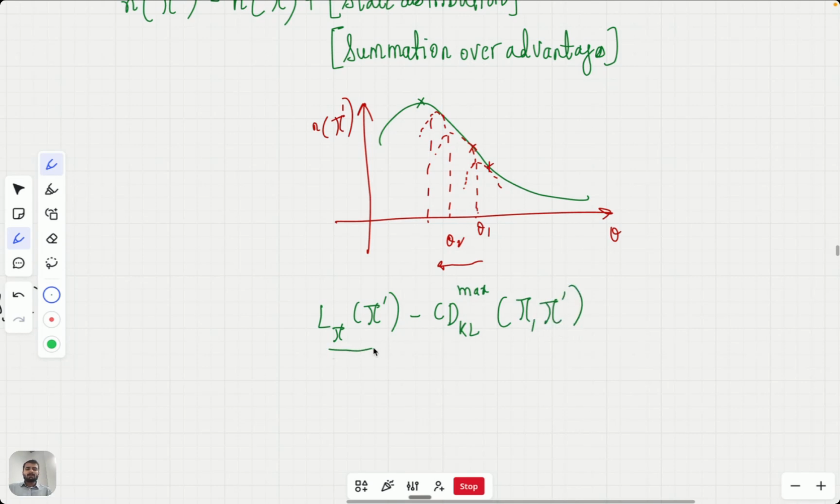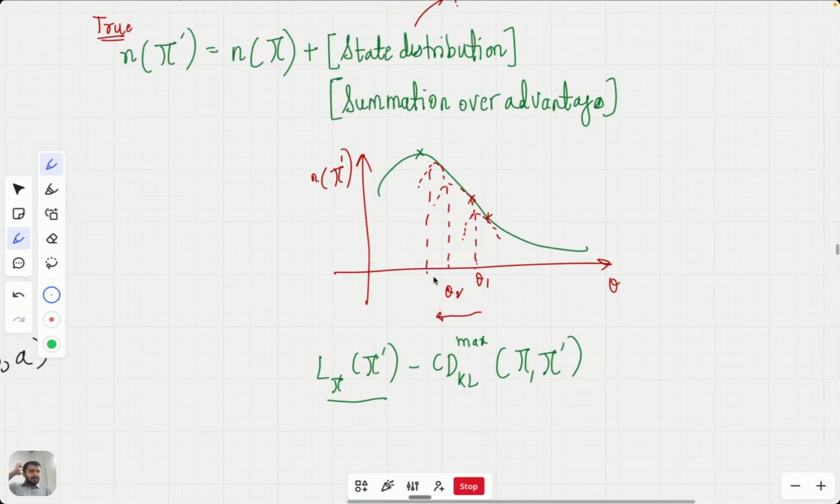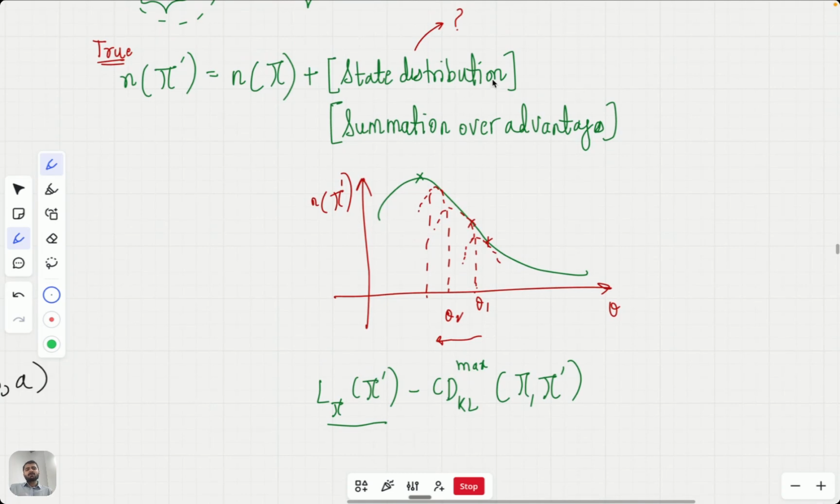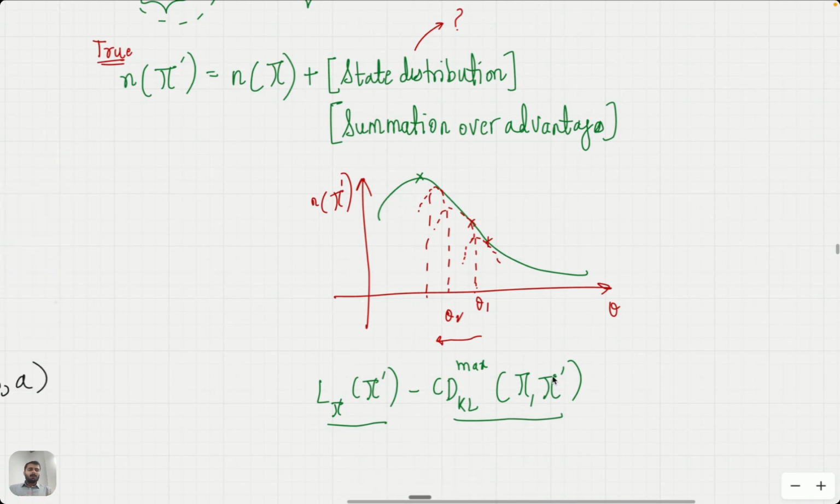The first term is exactly same as the true objective function, but with the state distribution calculated according to the old policy, and the second term measures the KL divergence between the old policy and the new policy.